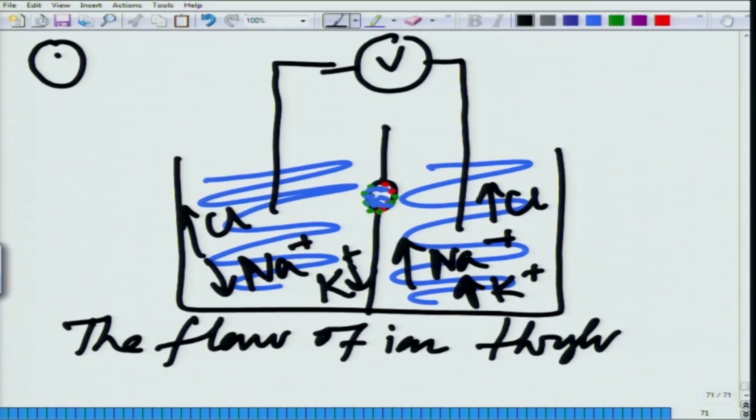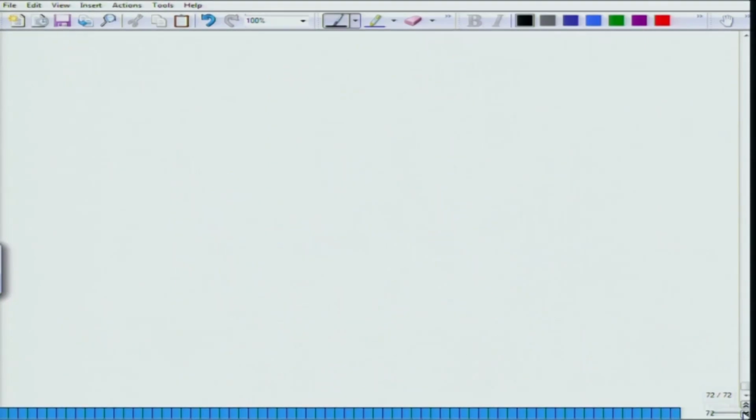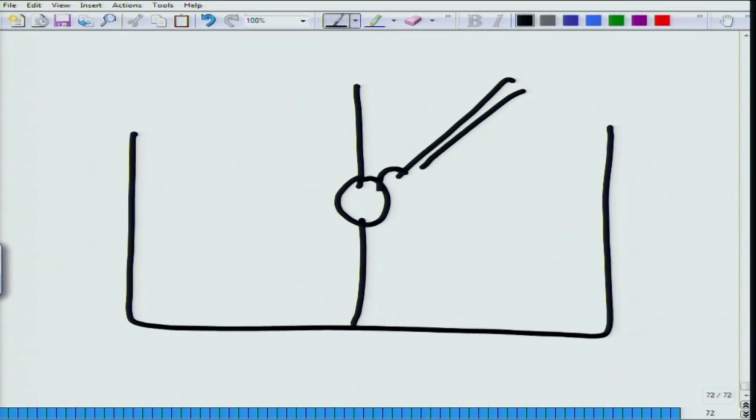So, ion flow through a single channel can be detected. How is it being done? This is a very straightforward way. I showed you that you use a brush to create that membrane structure. Along with that brush you mix some of these channel forming peptides or channel forming molecules.